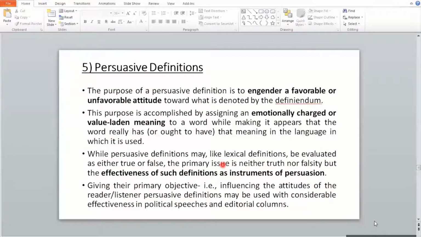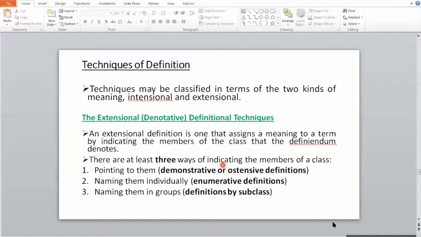These are the 5 types of definition and their function or their purpose. Now we can jump to the techniques. We have seen the 5 types of definition and their purpose. Now the techniques, the ways of definition.